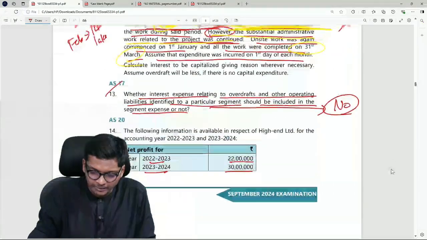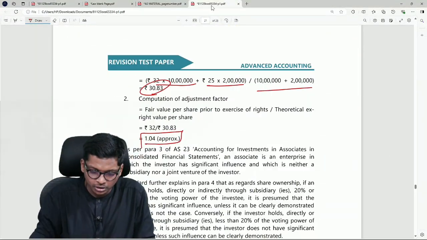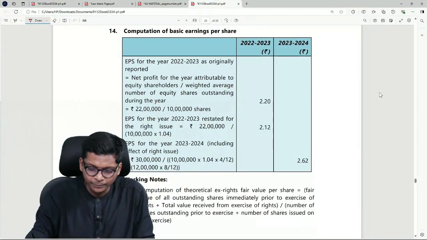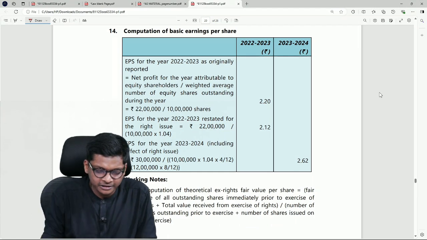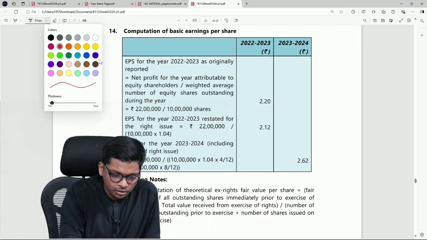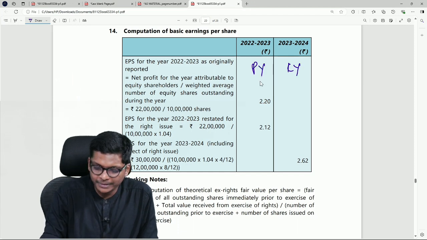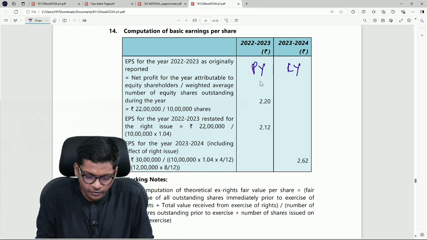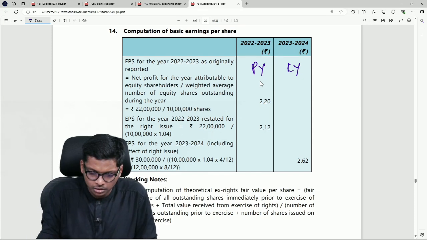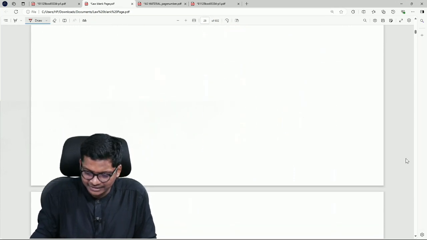Now when you come to compute earnings per share, we will compute first the earnings per share for the current year and then the previous year. For the previous year, let me do it our way itself.